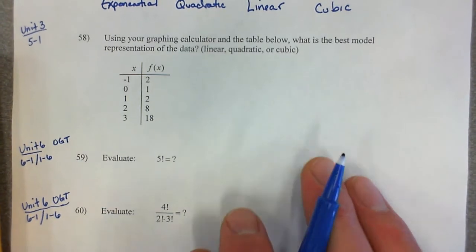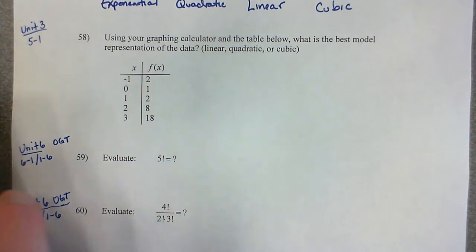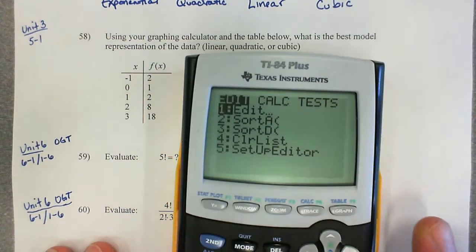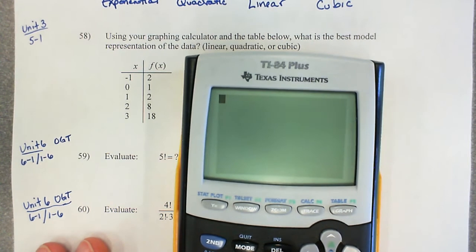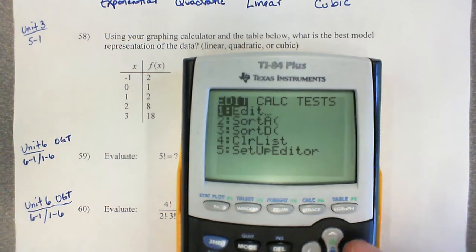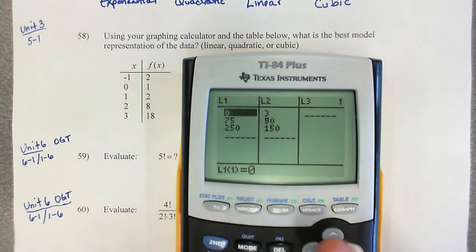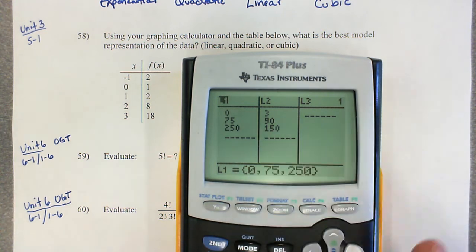On 58, here it says use your graphing calculator and the table below to find a model to represent your data. So this is where we did the scatter plot. So we go to Stat, go to Edit, and then we want to clear out this old data.